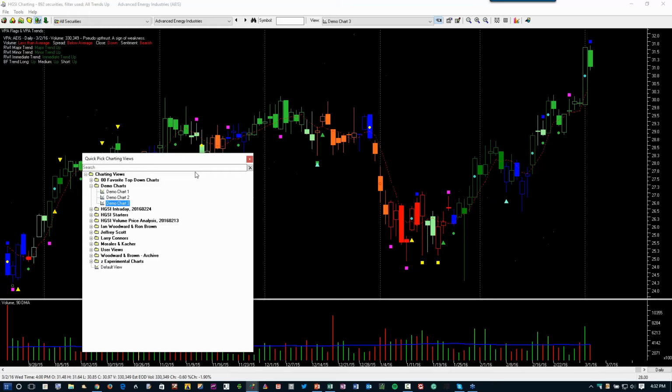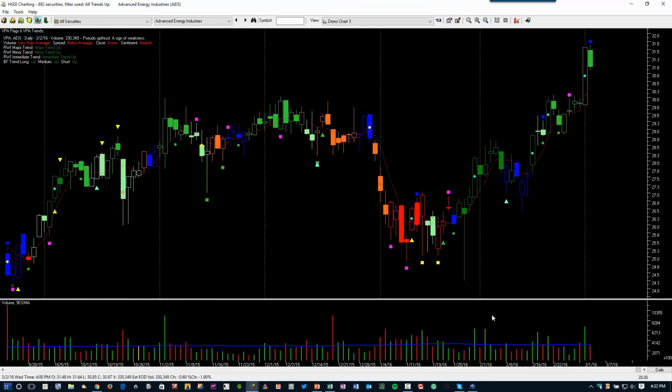Now let's go to this demo chart 3, and maybe this will be helpful. And Matt, correct me if I'm wrong on this, okay? Now we have the long-term trend, the medium-term trend, and the short-term trend. See this line right here? This is a 5-day simple moving average of the close.